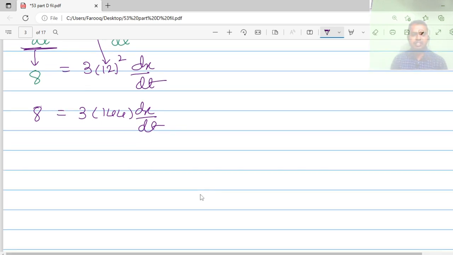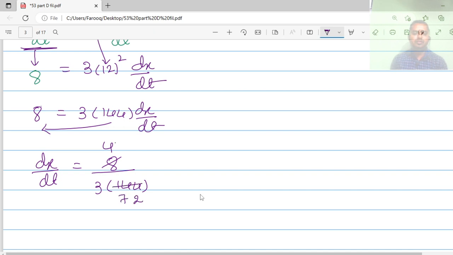Now dx by dt is equal to 8 divided by 3 into 144. This will divide. Dividing, dx by dt is equal to 1 by 54.